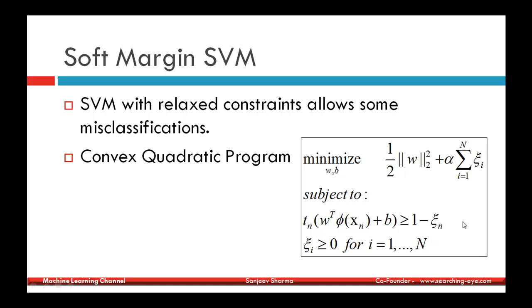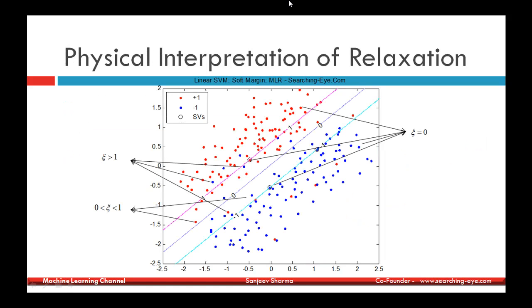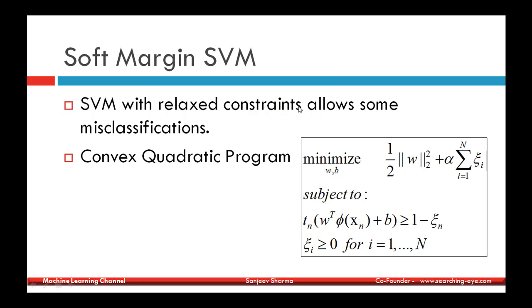This value of alpha is a trade-off between maximizing the margin and reducing the number of errors. As the margin is maximized, the value of eta will increase, and therefore alpha is a trade-off parameter between choosing a large margin and having fewer points in the margin.